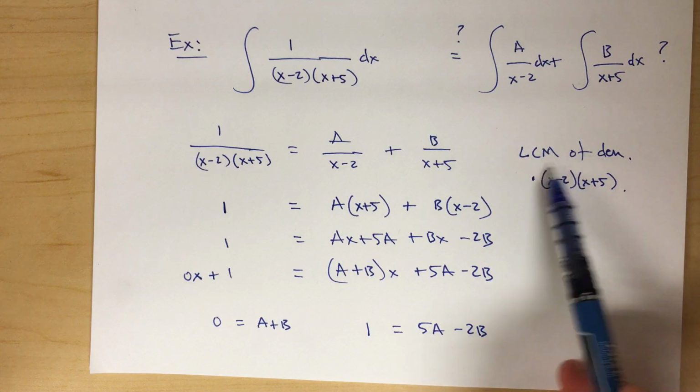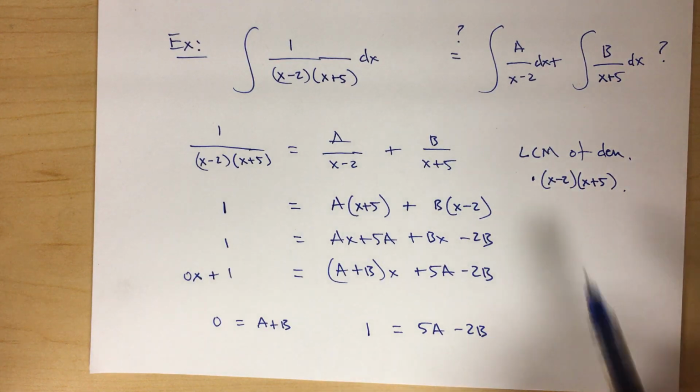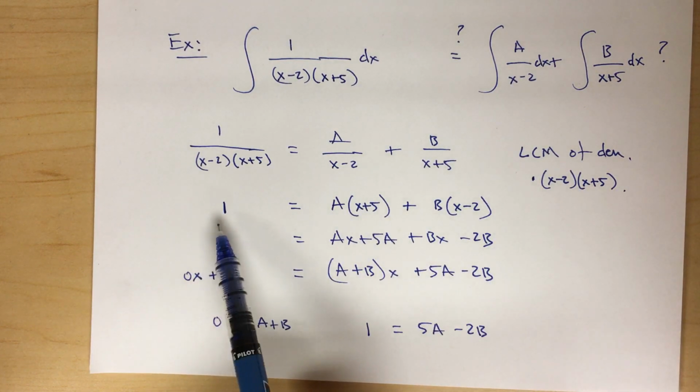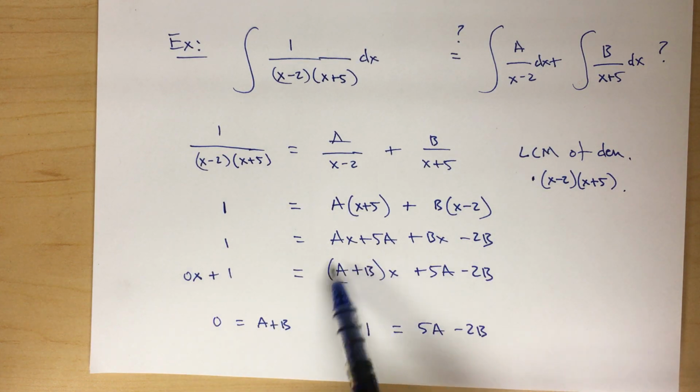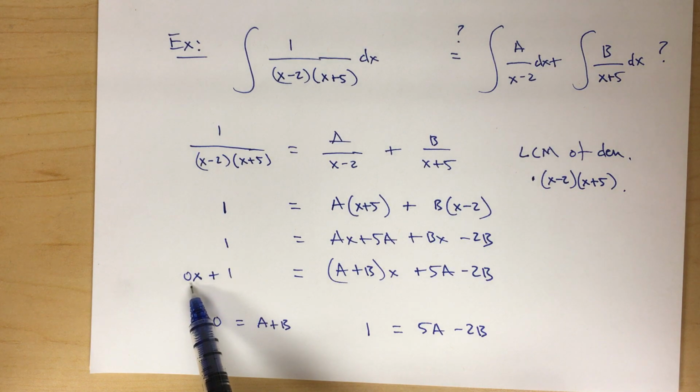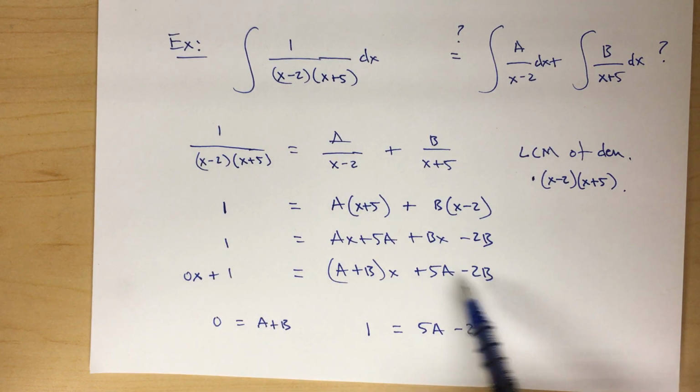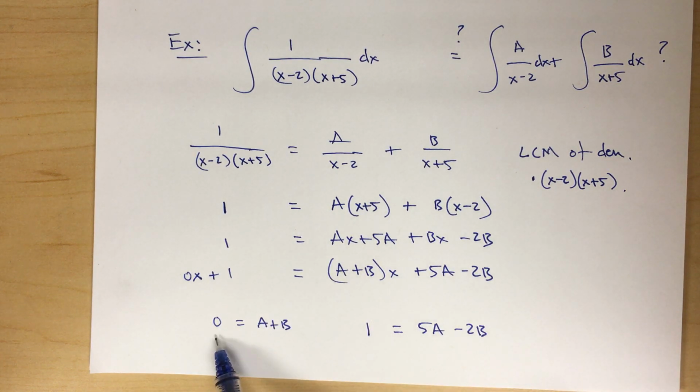We multiplied everything by the least common multiple of the denominator, and we ended up with this equation. Then we recognized, after multiplying out, that the coefficient of x has to equal the coefficient of x, and the constant has to equal the constant. And thus, 0 has to equal a plus b, and 1 has to equal 5a minus 2b.